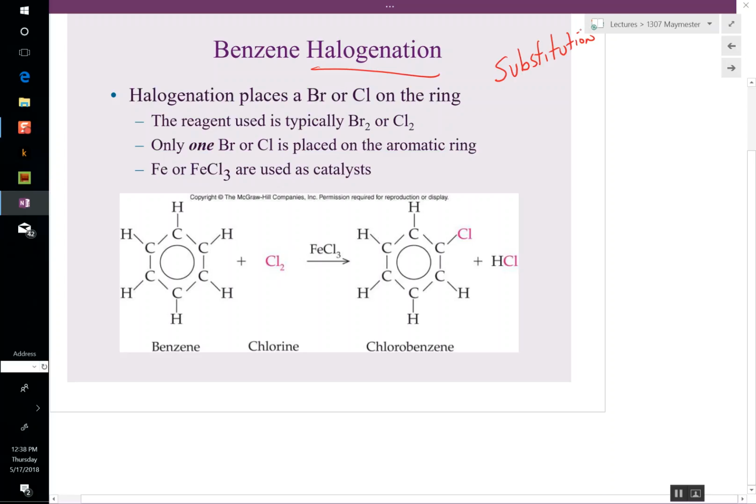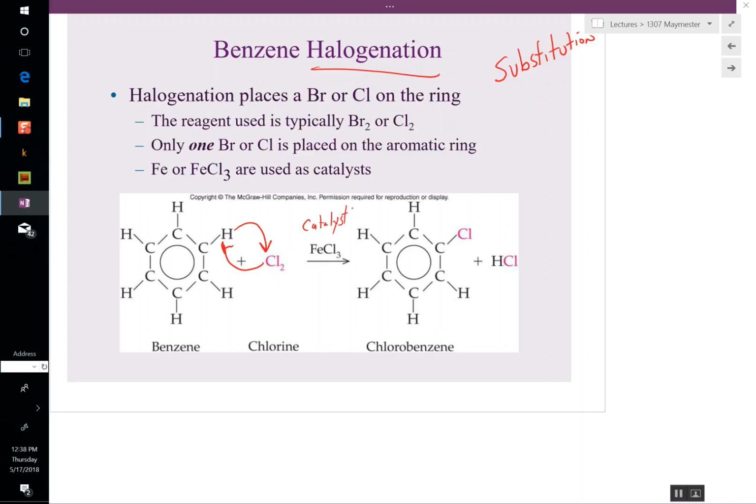It's got a double bond, but the chlorines don't add across the double bond. This is an aromatic system. And so a hydrogen is going to come off and a chlorine is going to take its place. And you get chlorobenzene plus HCl. This is a catalyst. Iron chloride catalyst. And that's the only reaction.